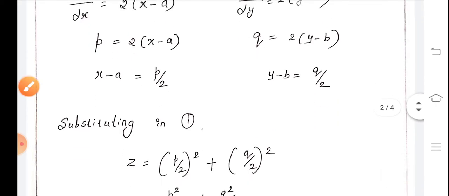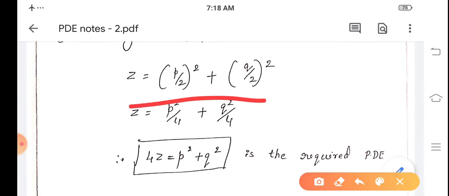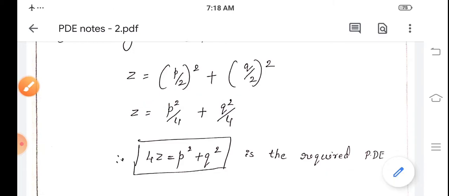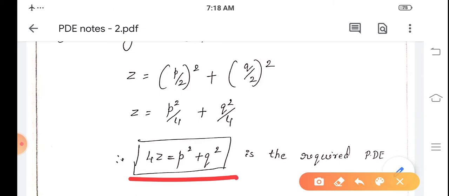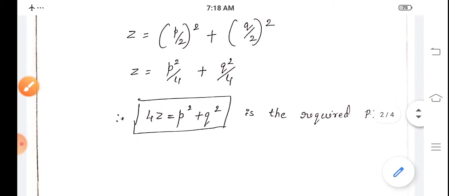So substituting this in equation 1, we can write z is equal to p by 2 whole square plus q by 2 whole square. That will be z is equal to p square by 4 plus q square by 4, or 4z equal to p square plus q square. So this is the required partial differential equation.